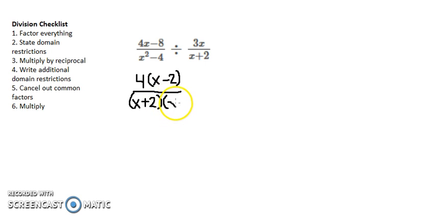It's kind of hard to write on a computer with no actual mouse. That's beside the point though. And then over here, you can't factor that. It's factored as far as it will go, so I'm just going to rewrite it here. 3x over x plus 2.